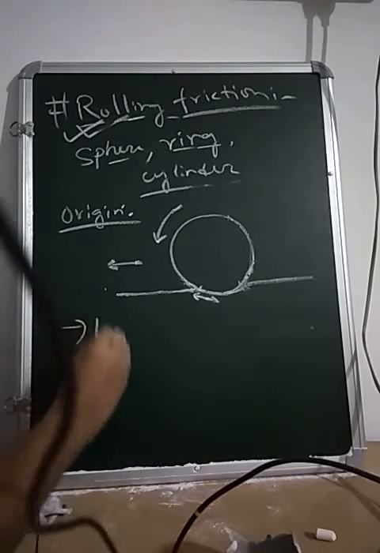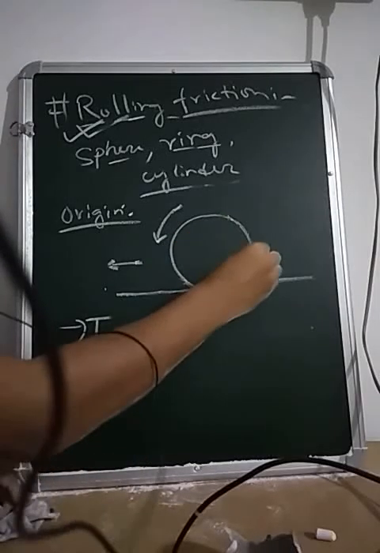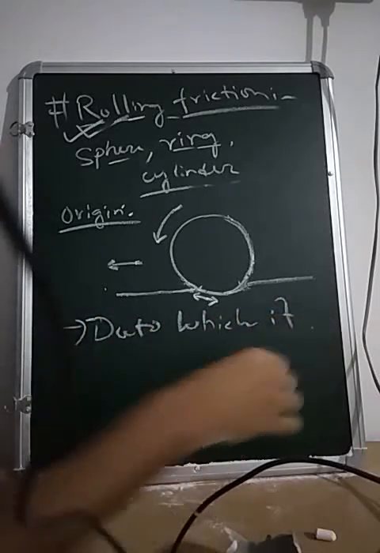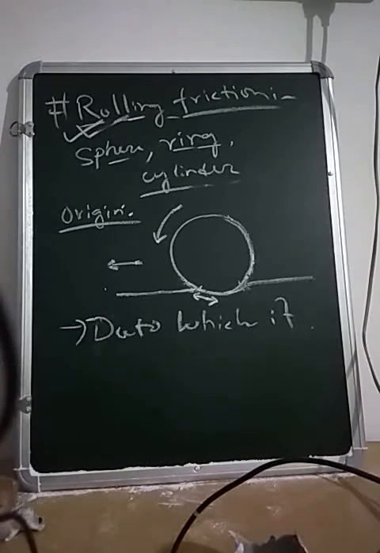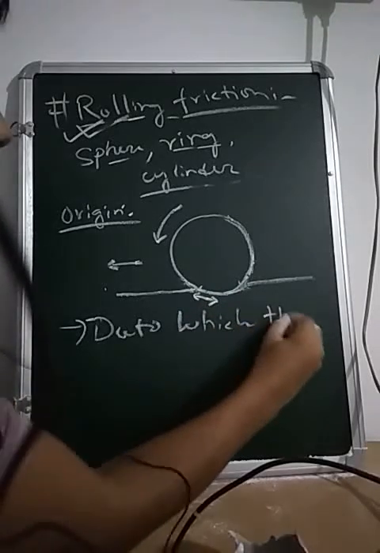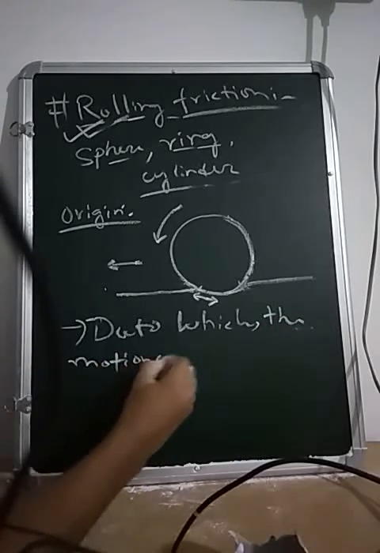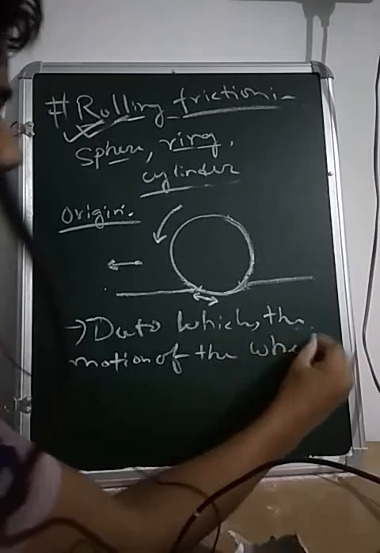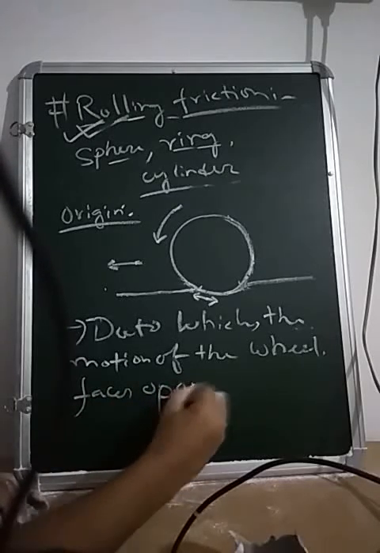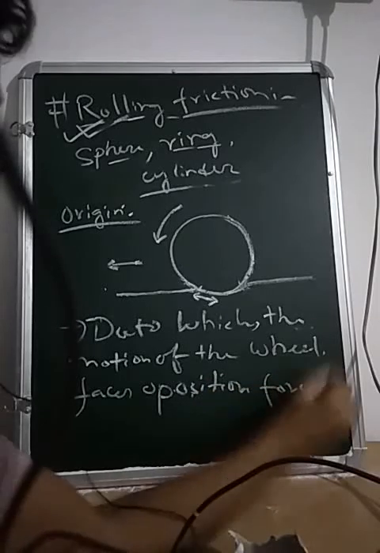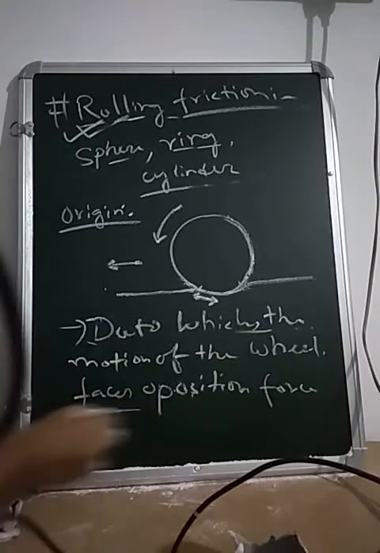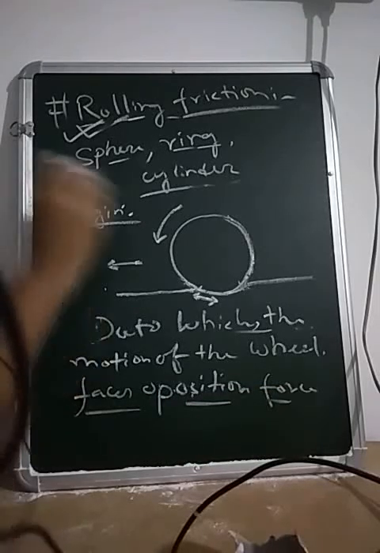Due to the creation of the depression or humps, the motion of the wheel faces an opposing force.